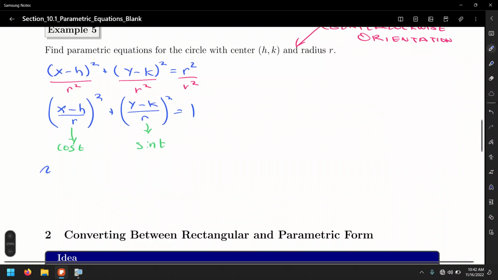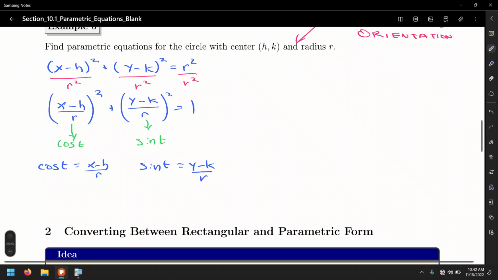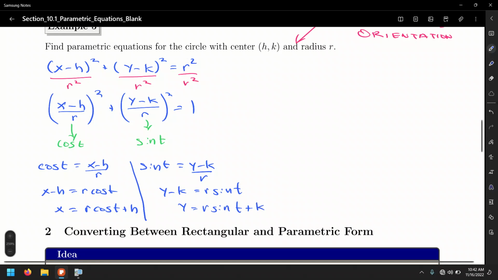We can say cosine t equals (x minus h) over r, and sine t equals (y minus k) over r. So solving for x and y respectively, multiply both sides by r: x minus h equals r cosine t, and x equals r cosine t plus h. On the other hand, y minus k equals r sine t, and y equals r sine t plus k.